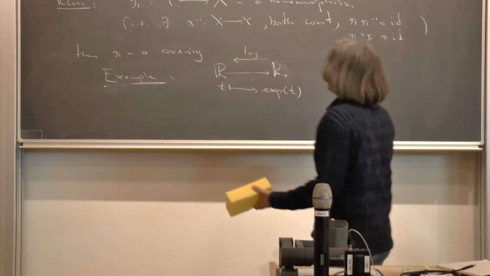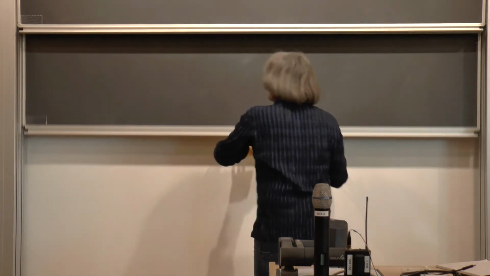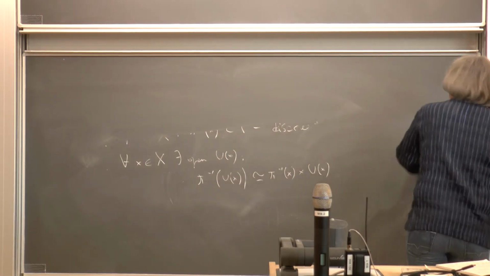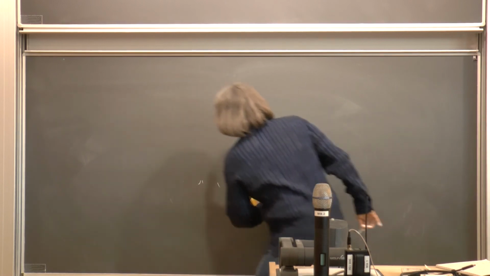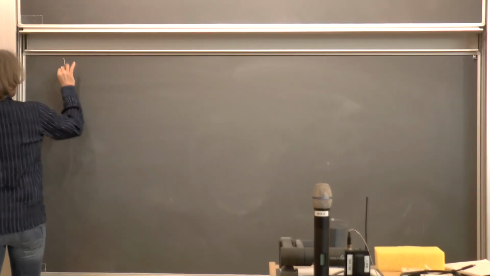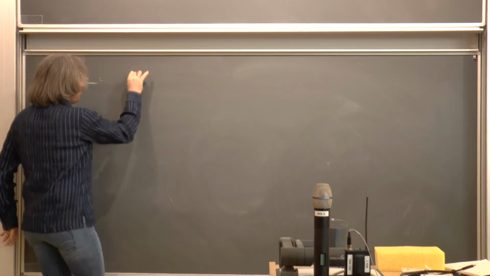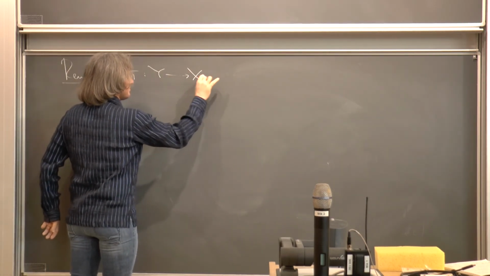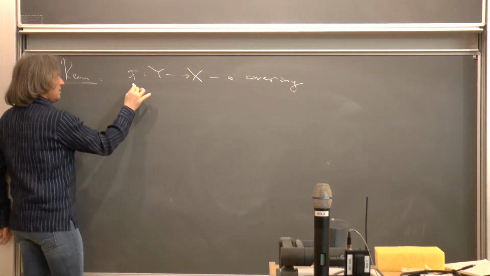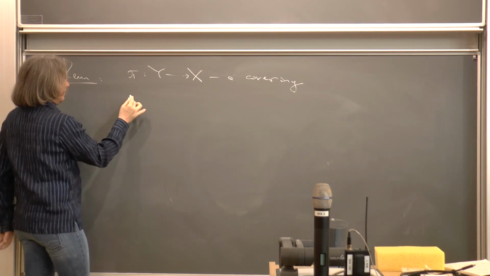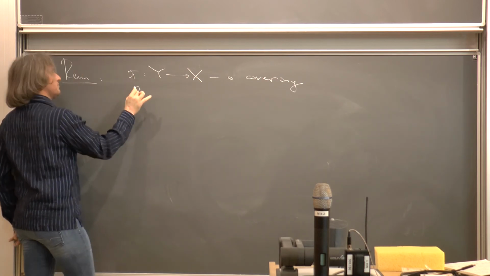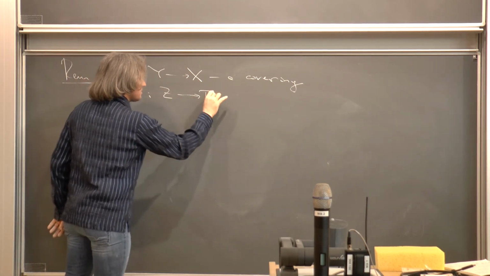Now, another remark. Suppose we have a covering pi, and say another map, I need a notation for it, let's choose rho, from Z to T, is also a covering.